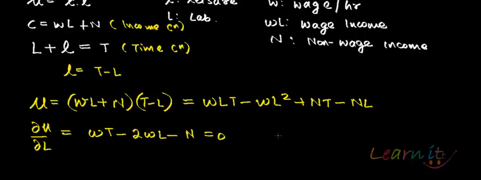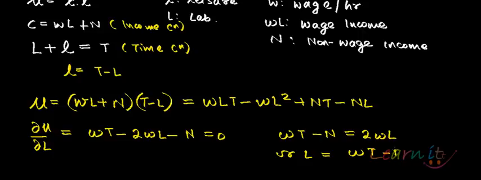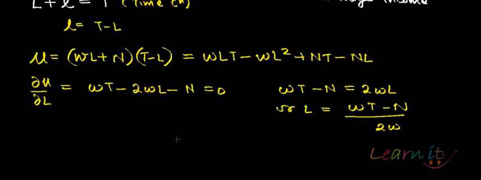So WT minus N equals 2WL, or L equals (WT minus N) upon 2W, or L equals T by 2 minus N by 2W.